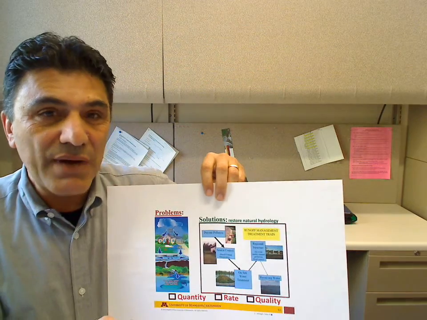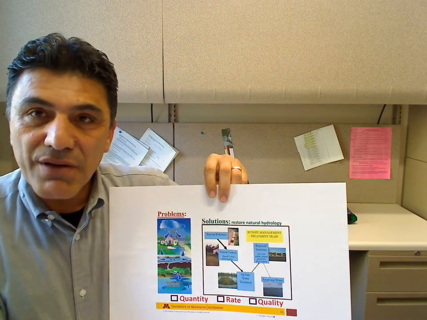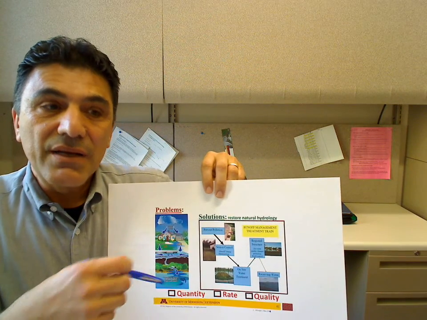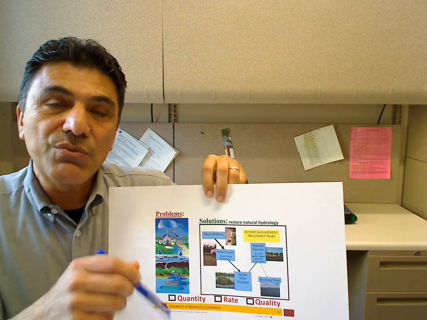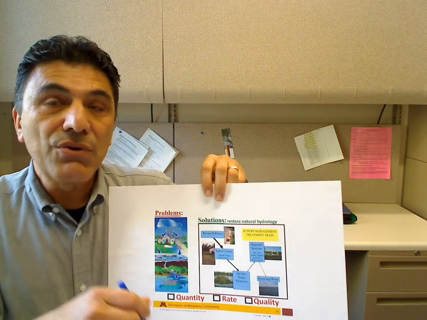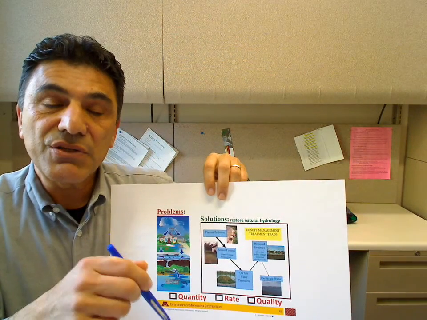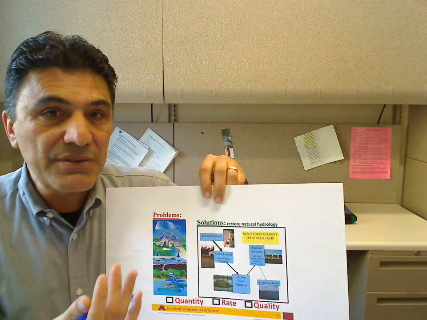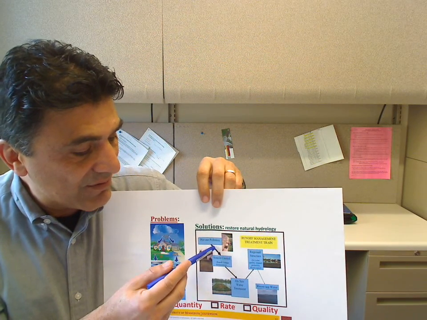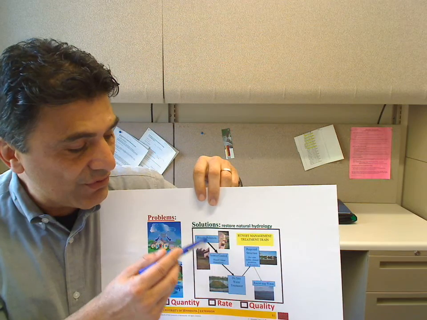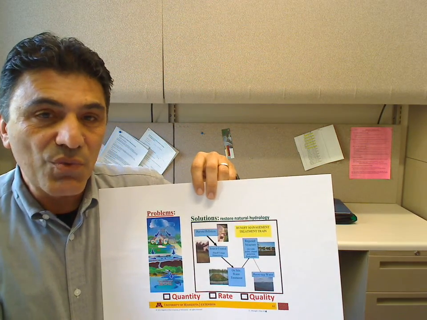Those practices are what we call source control, such as a rain garden, where we plant different plants into an area and promote infiltration of rain into the ground, or creating swales. Anything that would promote infiltration of the water into the ground reduces the volume of the water that flows downstream. Hence the thickness of the arrow. You can see as we go through this chart, the arrows become narrower, so there's less water moving downstream from our sites.